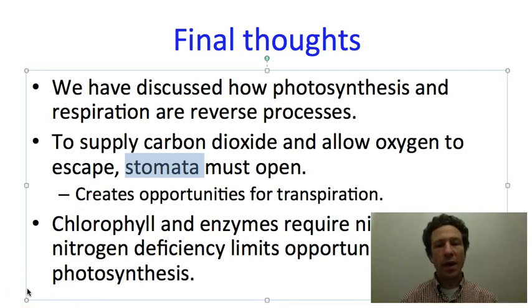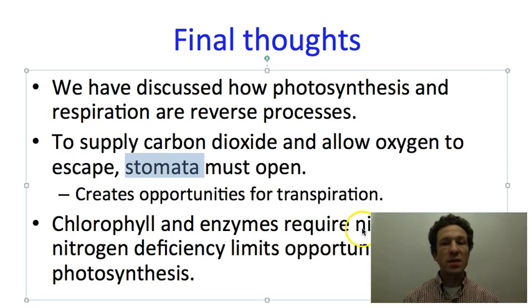The thought that I want to end with is relating plant mineral nutrition to the process of photosynthesis. We've obviously seen in this process why it's necessary to have carbon dioxide as well as water. We also saw when we looked at the chlorophyll A molecule that nitrogen was required as well as magnesium as part of that molecule, and we specified that nitrogen is a component of proteins and enzymes are made out of protein.